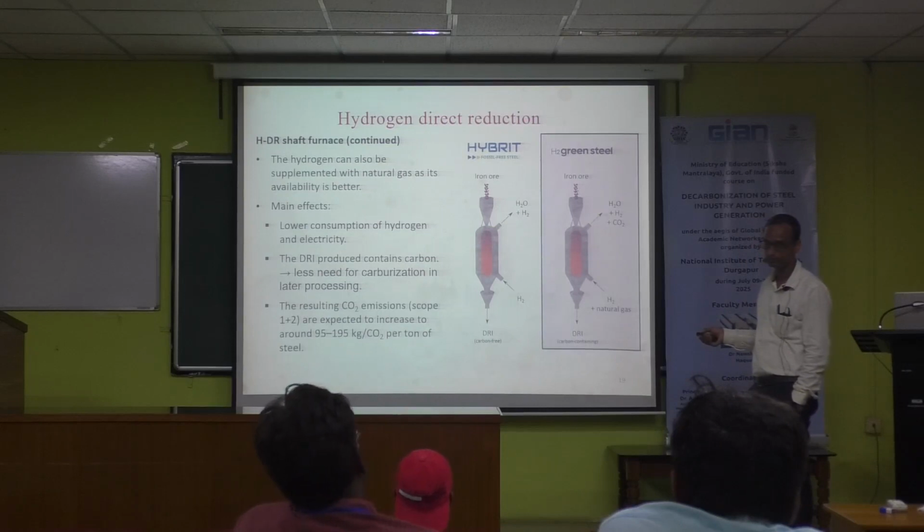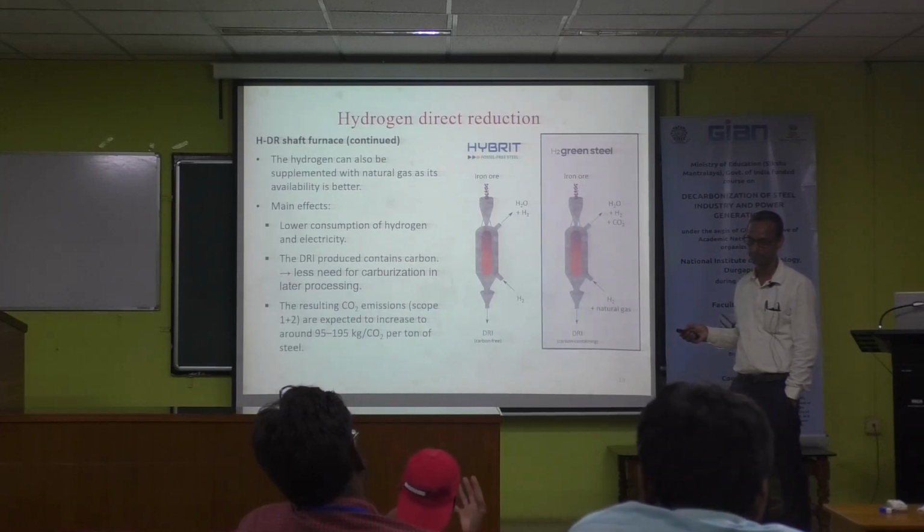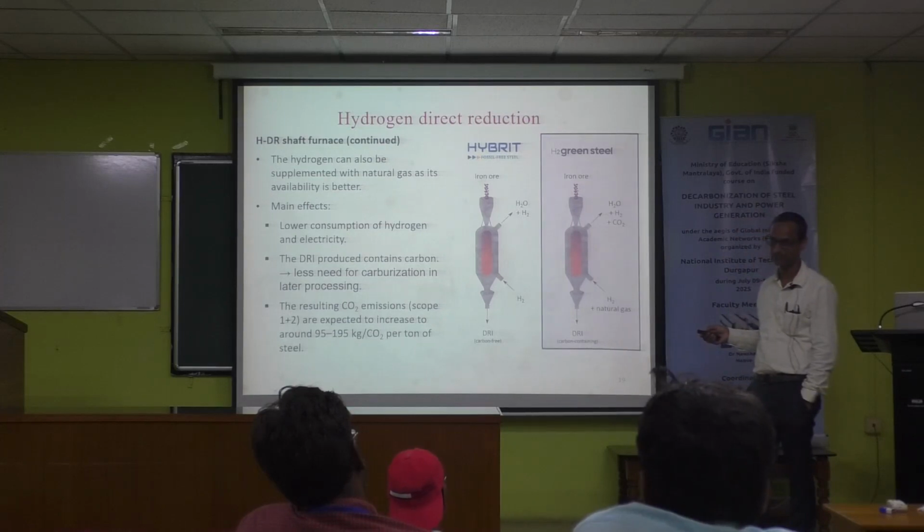Yeah, actually we had the plan of getting natural gas. Suddenly GAIL has lifted its hand. It will not supply. Therefore we have to shift our focus to hydrogen. This is the only reason. Yeah, because they promised, we were waiting for the natural gas to come. Our plan was originally to take natural gas into the blast furnace and DRI. All furnaces. All of a sudden they cut.